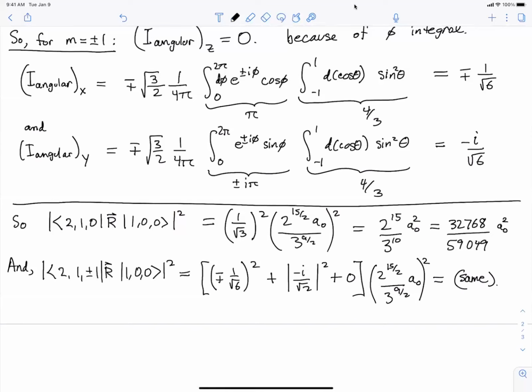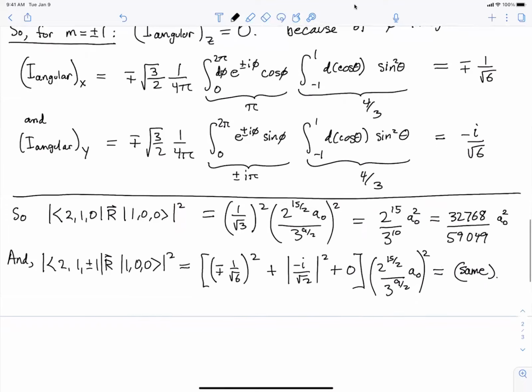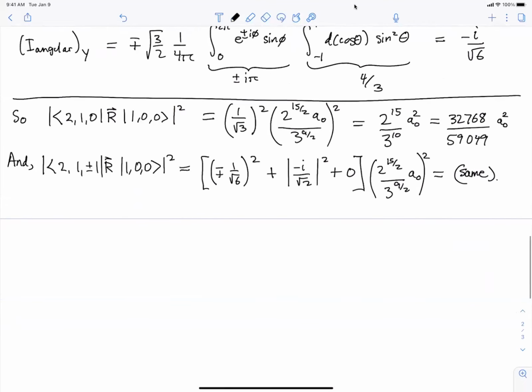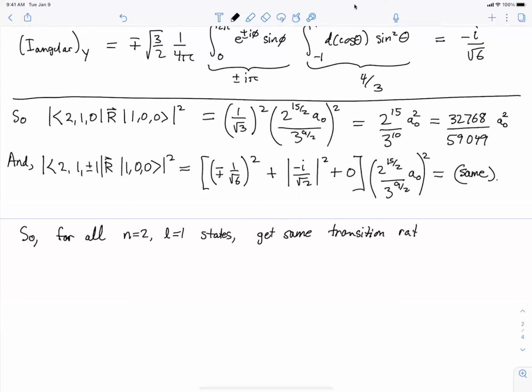Okay, so the matrix element for all 3 states is exactly the same. Okay, and so for all n equals 2, l equals 1 states, we're getting the same transition rate to the ground state. And we can put all the numbers in now.